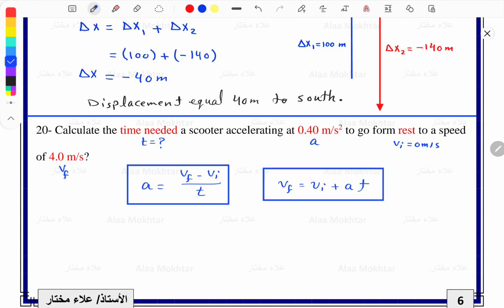We can write like this: V final equals 4, V initial 0, plus 0.4 multiplied by time. 4 equals 0.4 multiplied by time, divide by 0.4, divide by 0.4. The answer will be what? 4 divided by 0.4, we get 10. Time equals 10 what? 10 second.